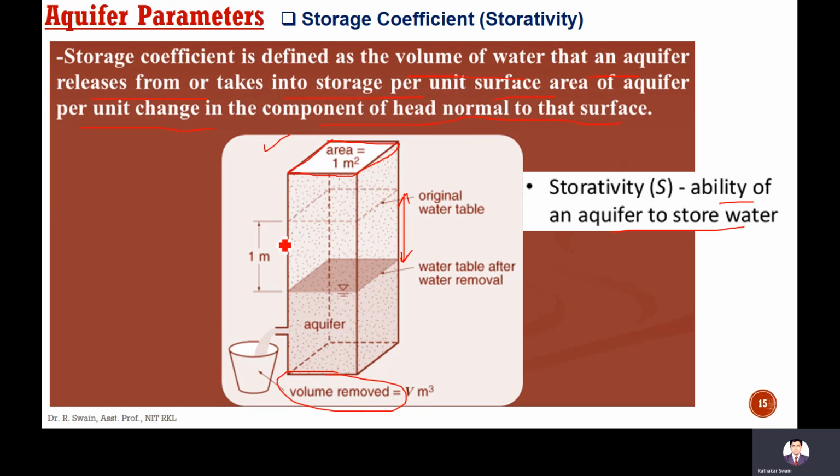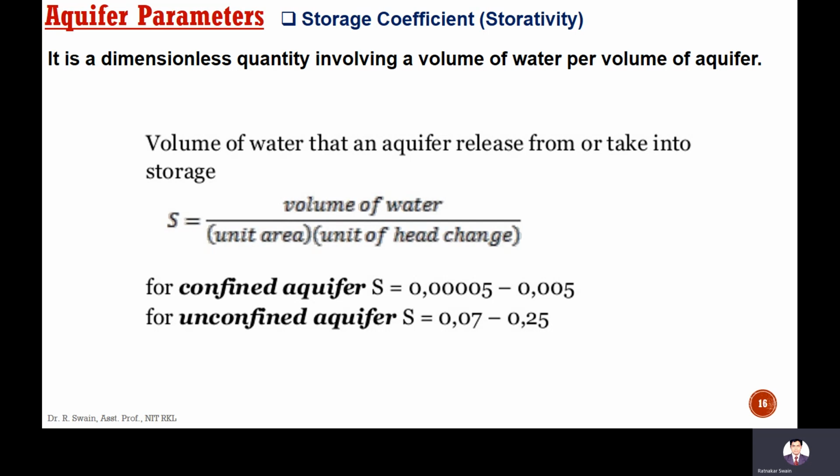Whether the depth is increasing or decreasing, the change in depth is 1 meter and the area is 1 square meter, so the volume is 1 cubic meter. For a change of 1 cubic meter of volume in the aquifer, the water which is released or taken into storage is called the storage coefficient, or storativity.